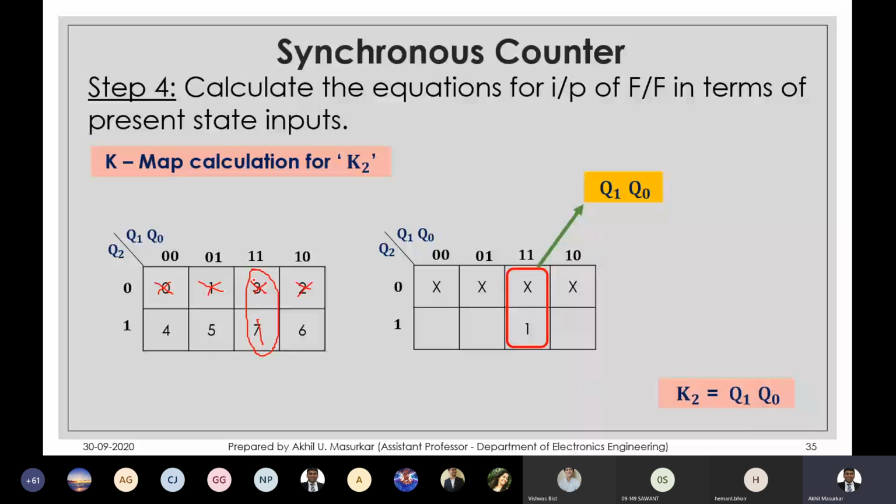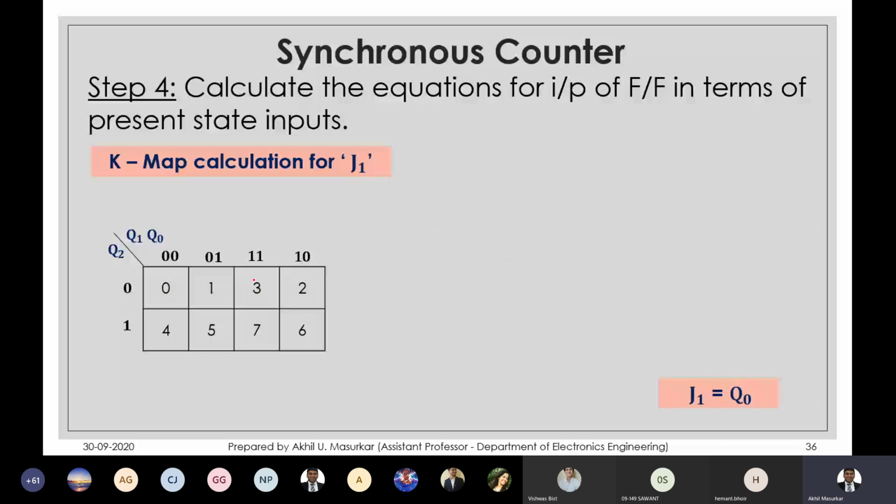Okay. So let's go to J1. So for J1, we have this is 1. Then we have don't care, and then this is 1, and then we have again don't care and don't care.